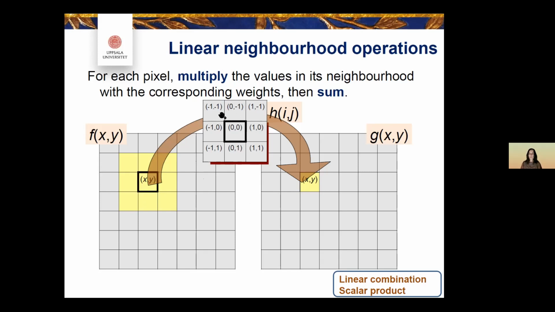These positions in the filtering mask are defined with respect to the central pixel of the filter. That one is then assigned position 0, 0. That one corresponds to the central pixel of our neighborhood, while the rest of the positions in the filter are then described by the locations, the coordinates, with respect to that central pixel.